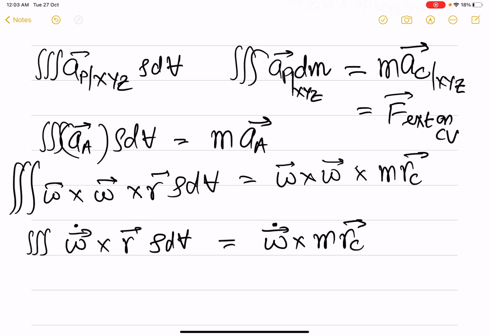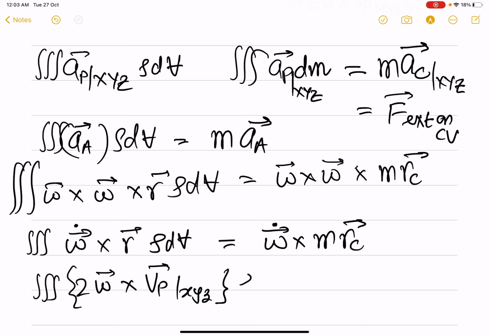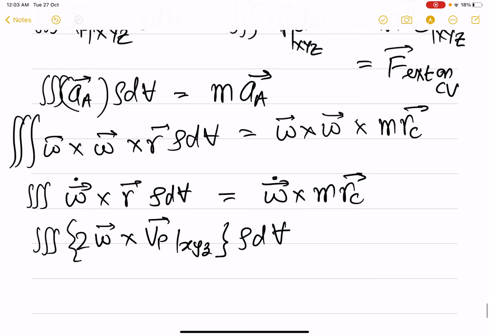Okay, and then we have the next term, the volume integral of 2 omega cross V_P with respect to xyz, rho dV. Now this is the velocity of point P as observed from the moving frame. So if the velocity is fixed in the moving frame, this will be 0.